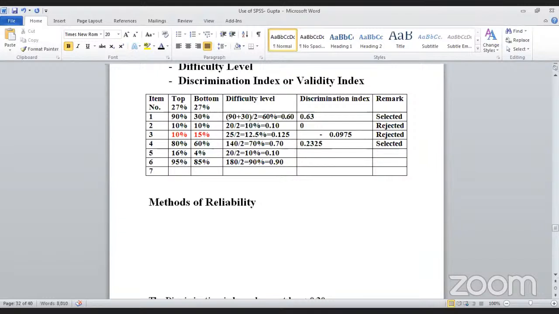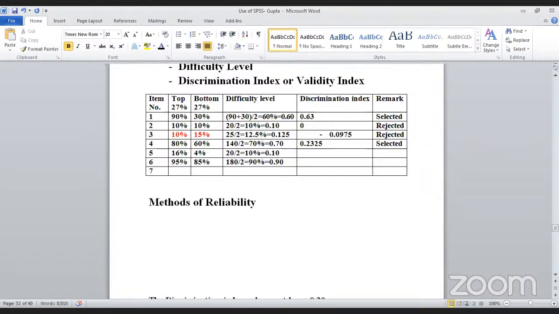If you wanted to take 30 items, you can take the best 30 items, because the items you had were 45. So some of the items will be rejected, and whatever the best items you have, the items which have better discrimination you should keep, and those with low discrimination, around 0.2 or so, you can delete. But if you do not have a sufficient number, then you can take 0.20, no problem.